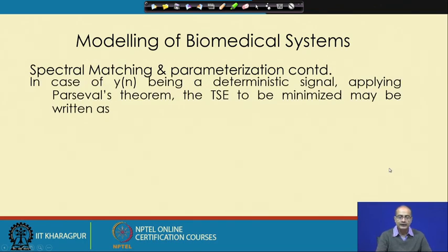Now, y[n] is the signal, that output, that we have actually captured.